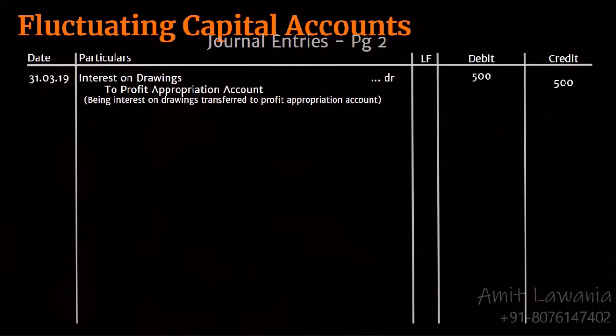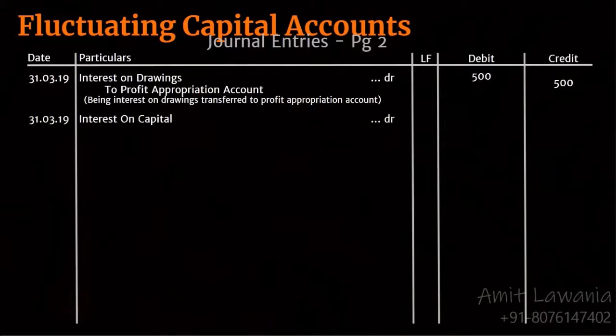Now, as all the appropriation entries have been made into the profit appropriation account, we had two clauses. One was for interest on capital and the second was interest on drawings. We have entered both. So now we will start transferring these clauses to the partners' accounts. In this case, it is the capital accounts because we are following the fluctuating capital accounting method.